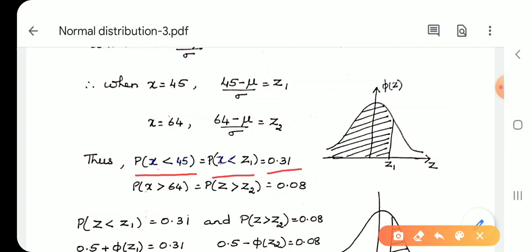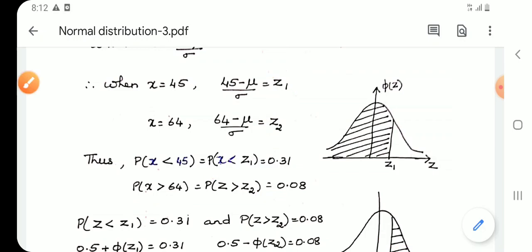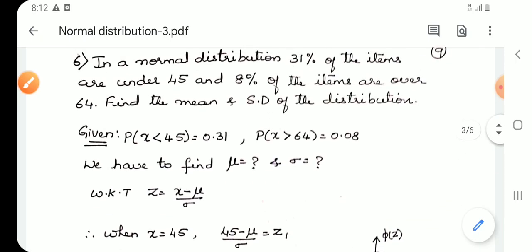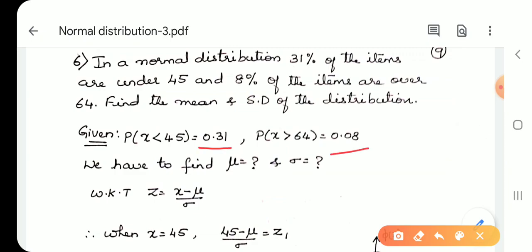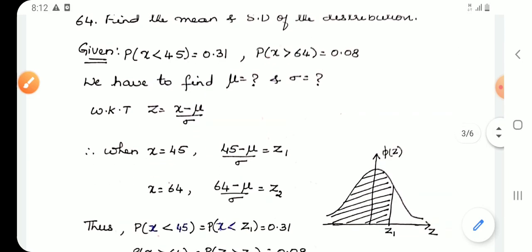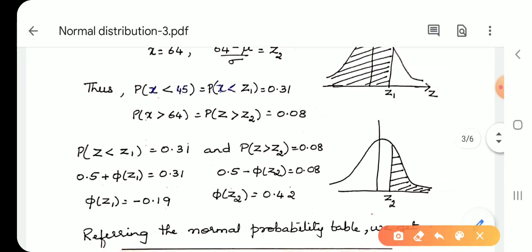And P of x greater than 64, when I write in terms of z, becomes P of z greater than z2. Here we have represented the values as z1 and z2. So the same thing we will be doing here. So P of z greater than z2 is equal to 0.08. So these values are already given here, 0.31 and 0.08. The same thing we will be writing here.